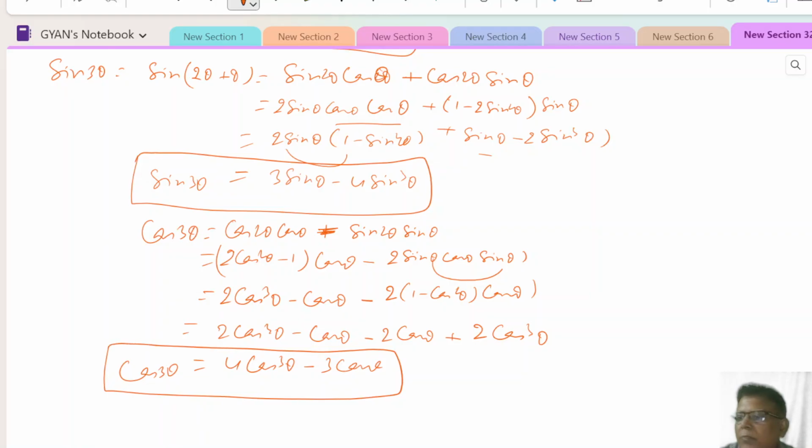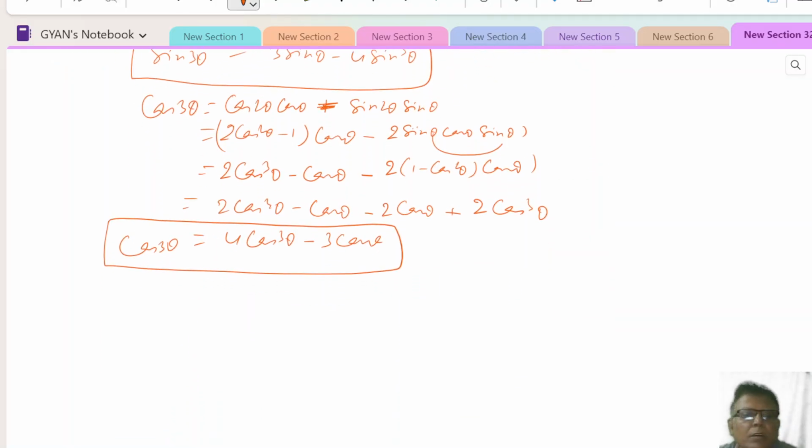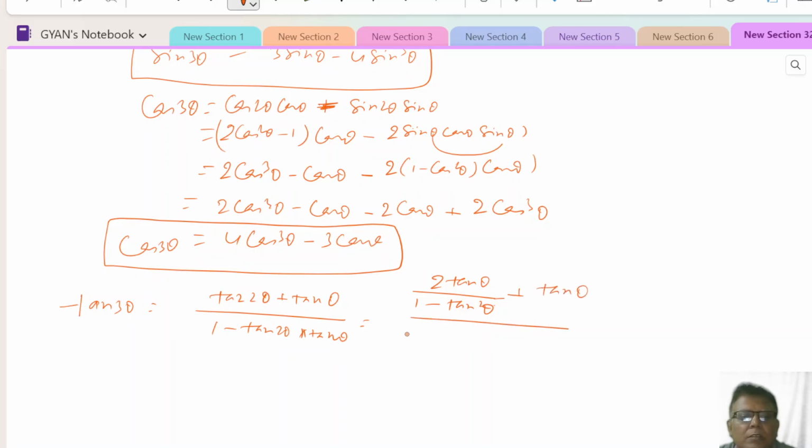By using this we can also find tan 3 theta. So tan 3 theta is equal to tan 2 theta plus tan theta divided by 1 minus tan 2 theta into tan theta. Now tan 2 theta is 2 tan theta divided by 1 minus tan square theta, so it is 2 tan theta divided by 1 minus tan square theta plus tan theta, divided by 1 minus 2 tan theta divided by 1 minus tan square theta into tan theta.